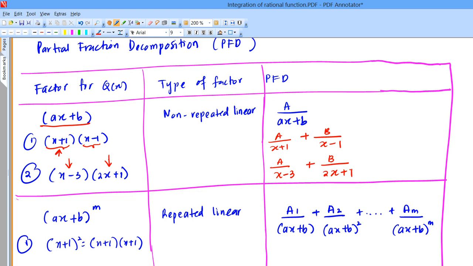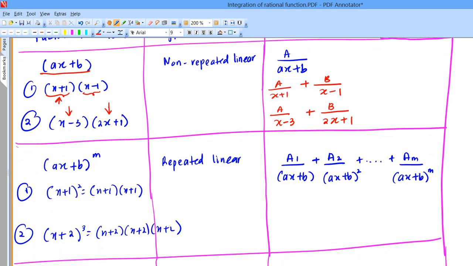Next, if we have repeated linear, we have the form ax plus b to the power m. You write it as A1 over ax plus b, plus A2 over ax plus b squared, and so on up to A_m over ax plus b to the power m. So we end based on the power.